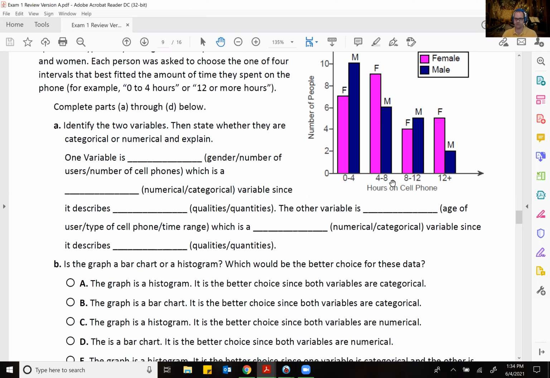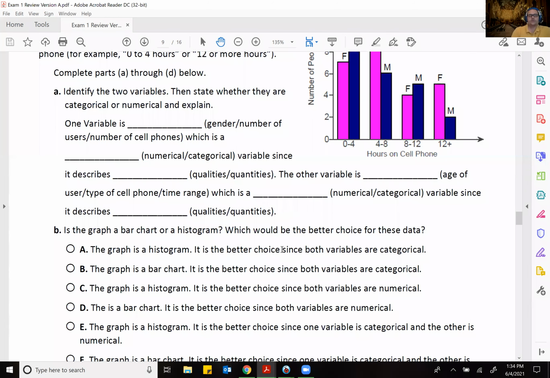If it is a range of values, you are falling into categories. If you are giving me an exact value, that's more numerical.